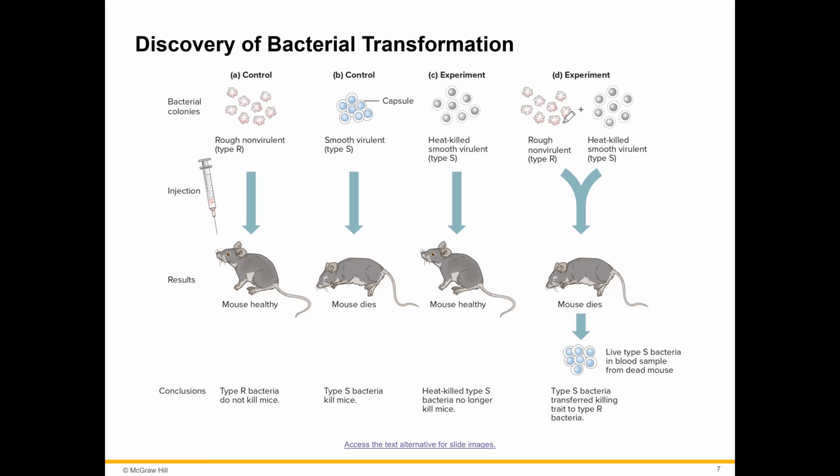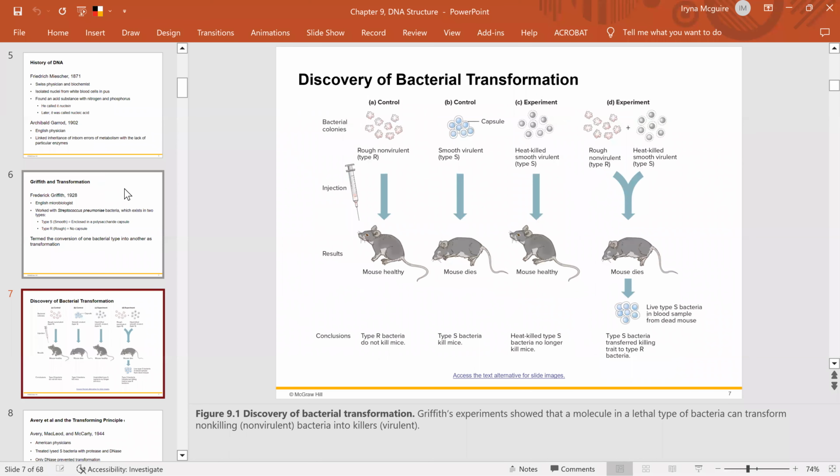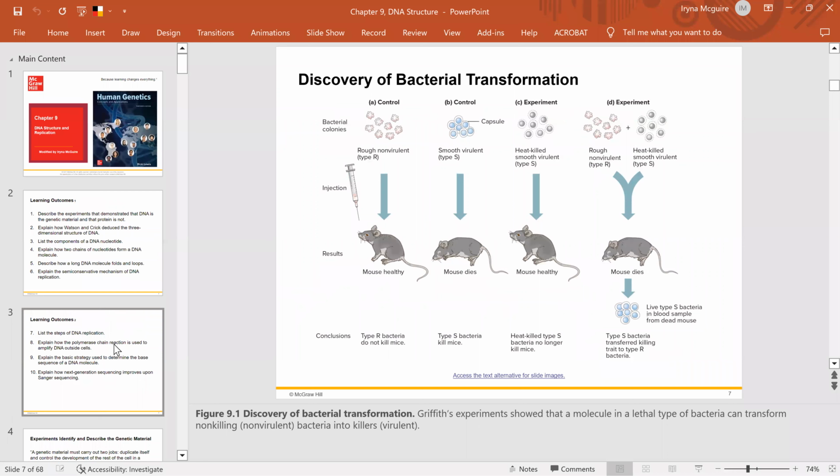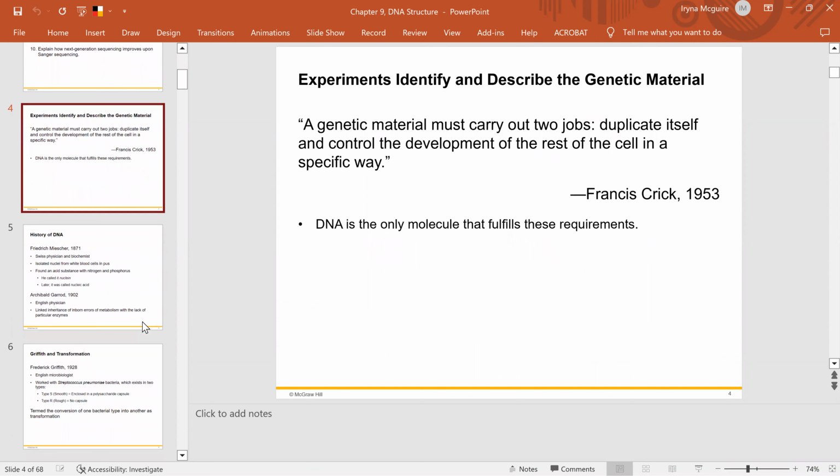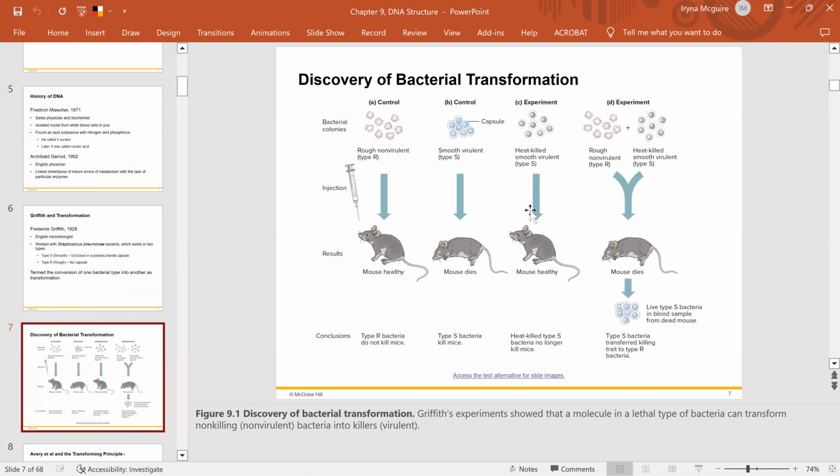If we go back to the very first slide that we started with, it says that it should be some molecule that controls the development and function of the rest of the cell in a specific way, right? So DNA controls the function of the R strain bacteria.